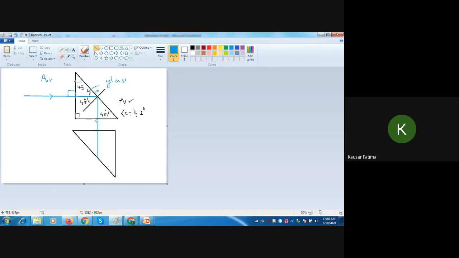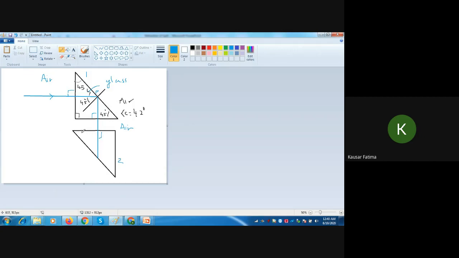Now while leaving, again at the glass to air boundary, it does not deviate because again this angle is 90 degrees. The ray is entering from glass to air at 90 degrees to the boundary. So it goes undeviated. This is prism 1 and this is prism 2. In the second prism also it goes straight because this angle is 90 degrees.